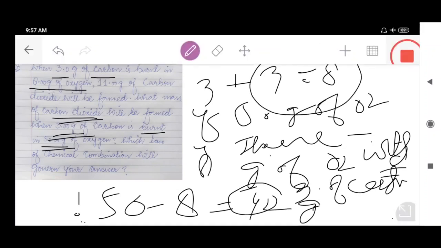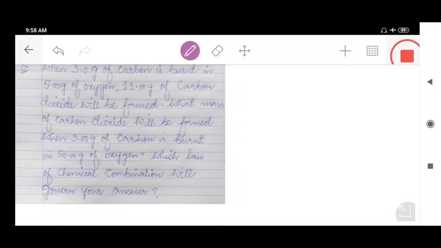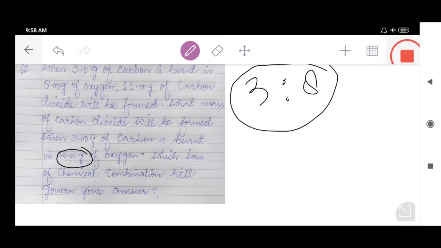That's why I told you people that out of 50 grams, the question here asks what mass of carbon dioxide will be formed. The ratio will remain the same, because this is in accordance with the law of definite proportion. I told you people that whenever there is a formation of carbon dioxide gas, the ratio remains the same. That's 3:8.